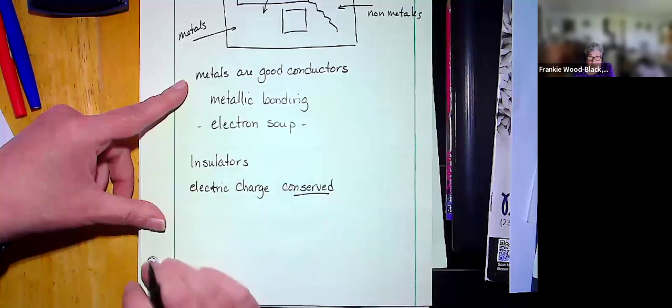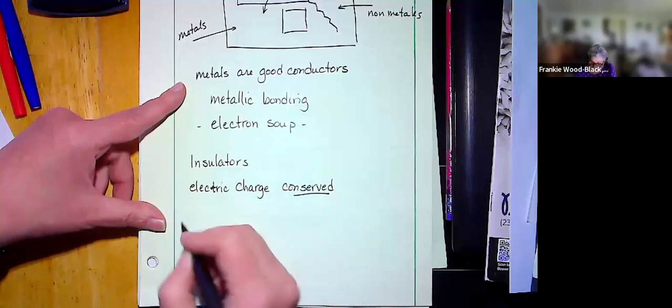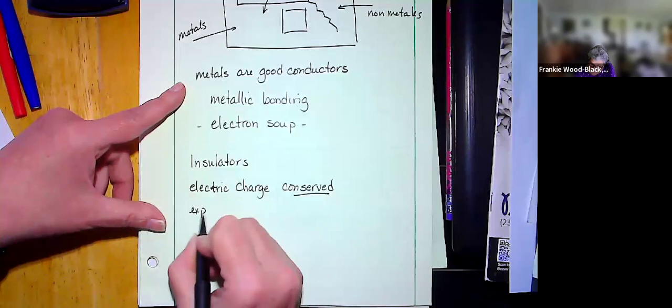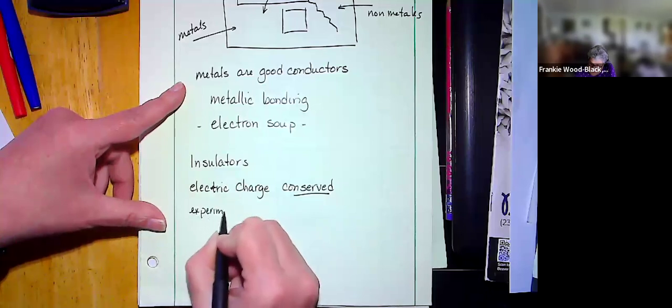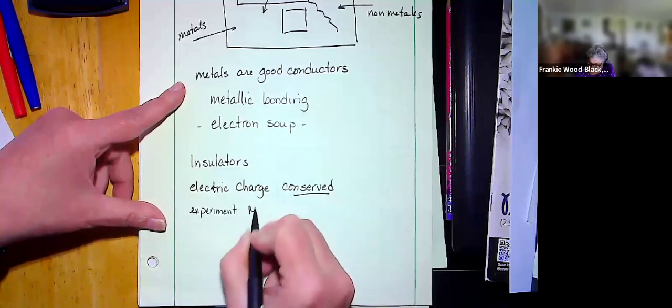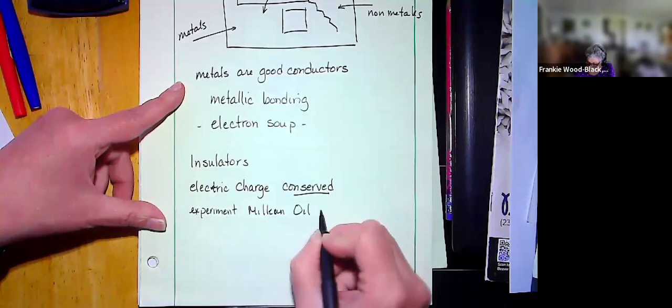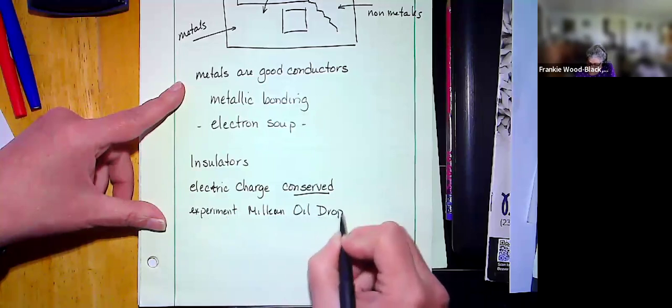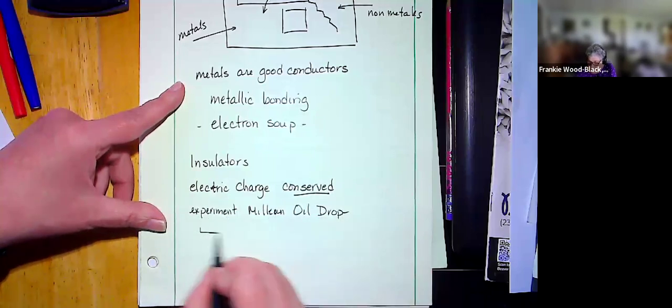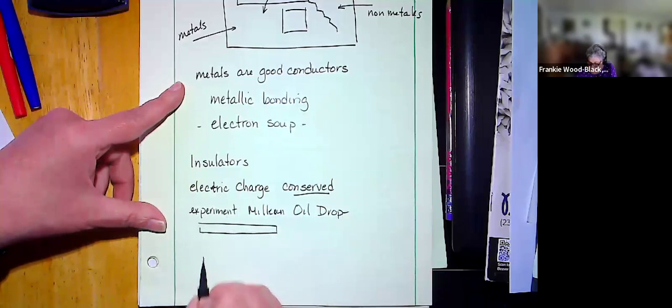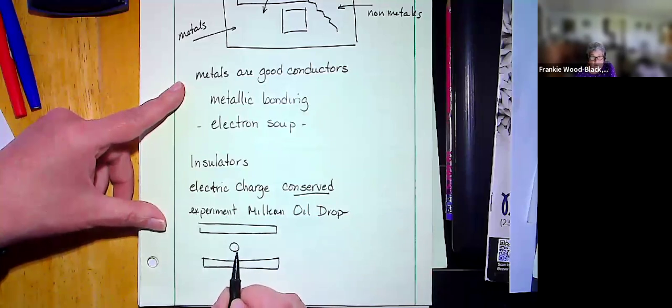And we know it's quantized from the experiment that was done, the Millikan oil drop experiment. What happened was he would take two charged plates and get an oil drop, and he could measure the volume of the oil.